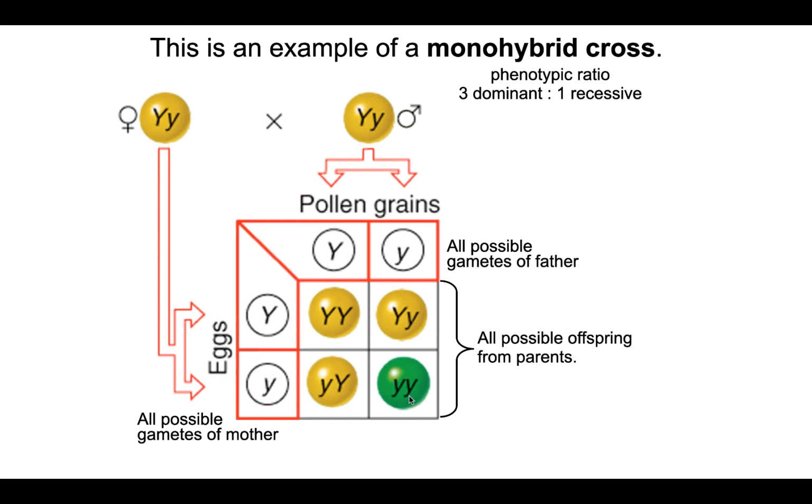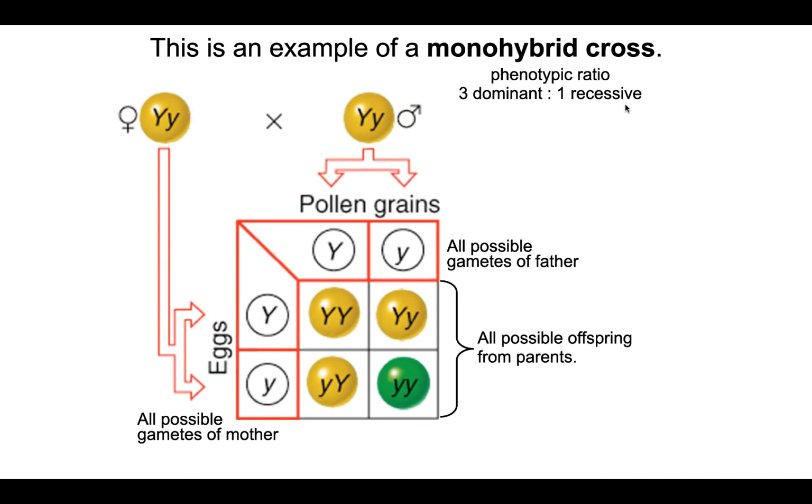So our phenotypic ratio here is going to be 1, 2, 3 yellow to 1 green. 3 dominant to 1 recessive. And that is a ratio that you will see anytime you're looking at a monohybrid cross dealing with alleles that have a dominant recessive relationship.